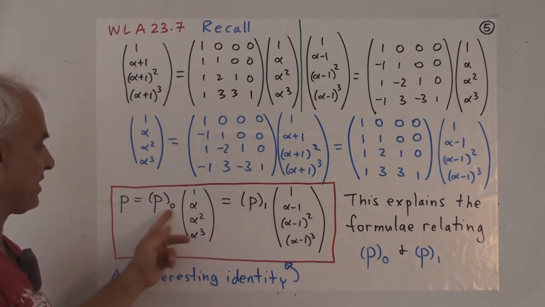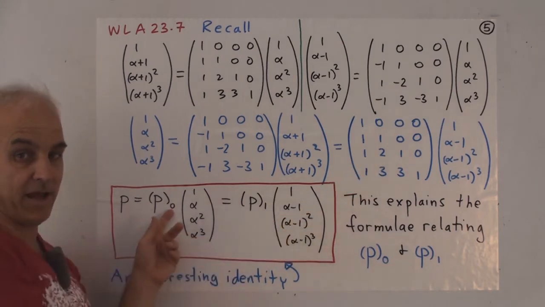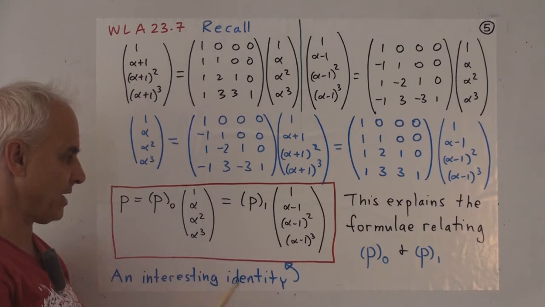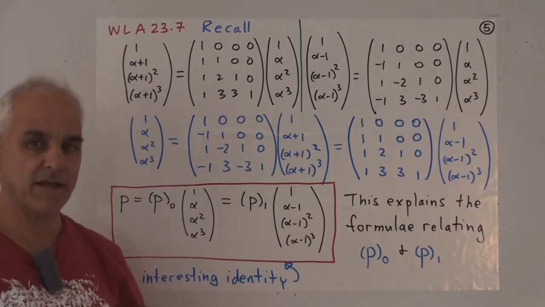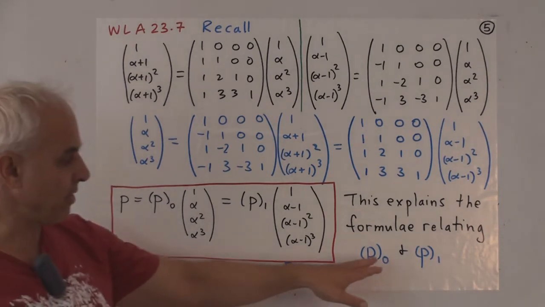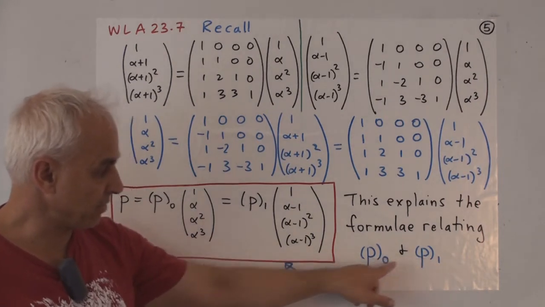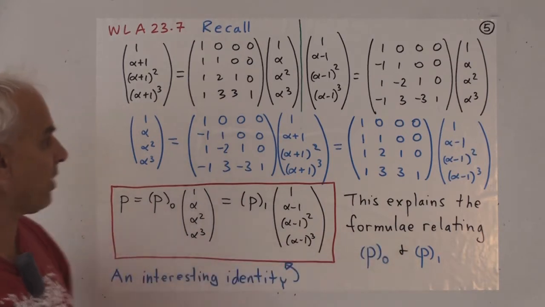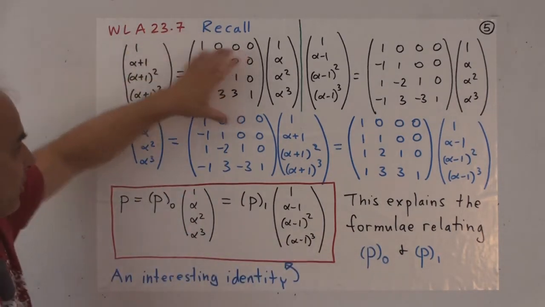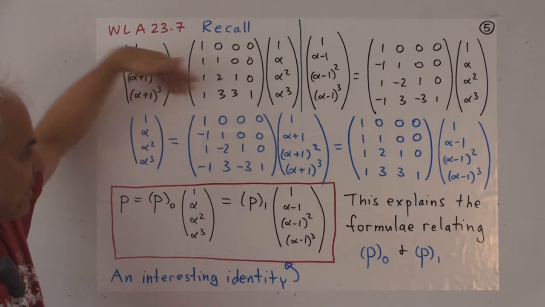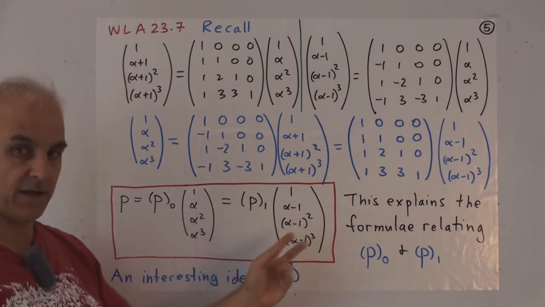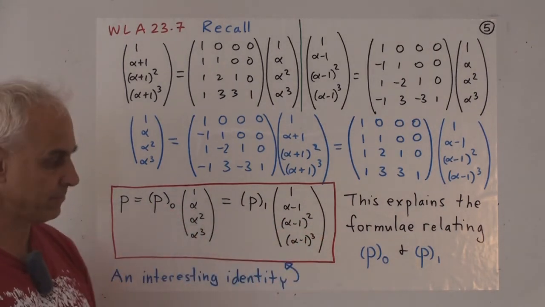And on this side we'll have p sub 0 multiplied by this Pascal matrix. So that's showing us that this relationship between these, namely this is equal to this one times the Pascal matrix p sub 1, is just an immediate consequence of these identities relating these essentially binomial powers and the expression of p in two different ways in terms of two different bases.